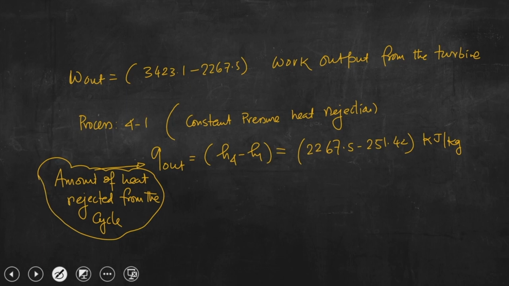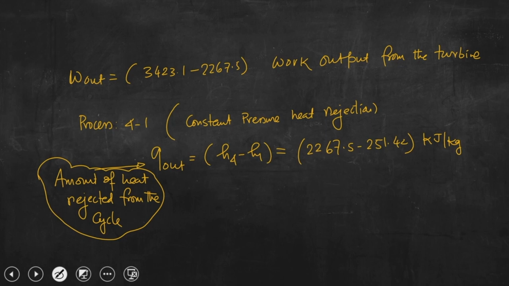Again I am telling you, if you would like to calculate the rate at which heat is rejected, we need to know the mass flow rate of the working substance. If you multiply this quantity with m dot, that is kg per second, then we get kilojoule per second, so kilowatt, in fact joule per second is watt.